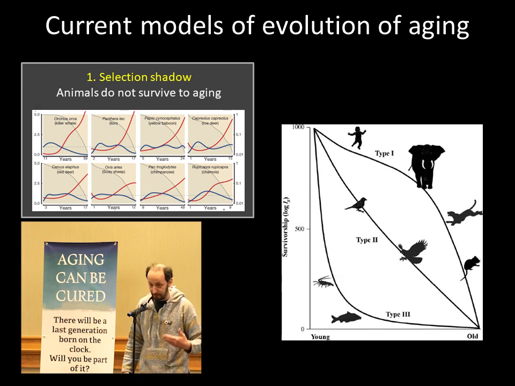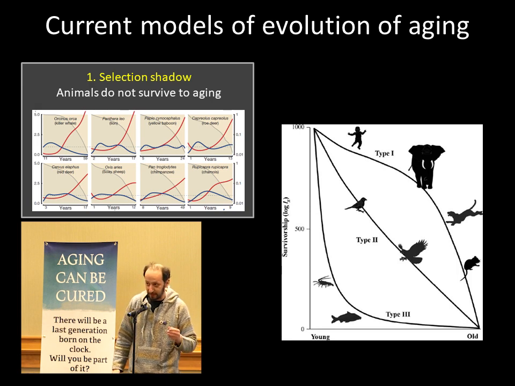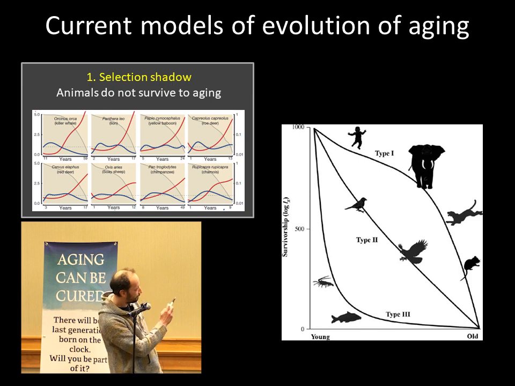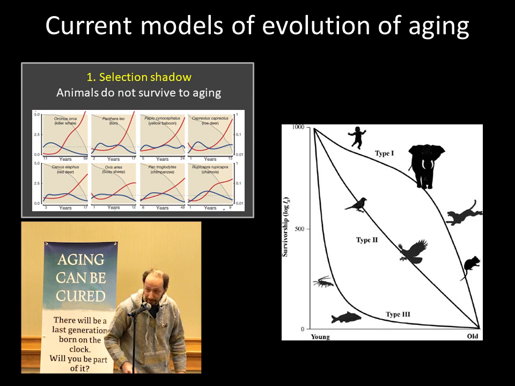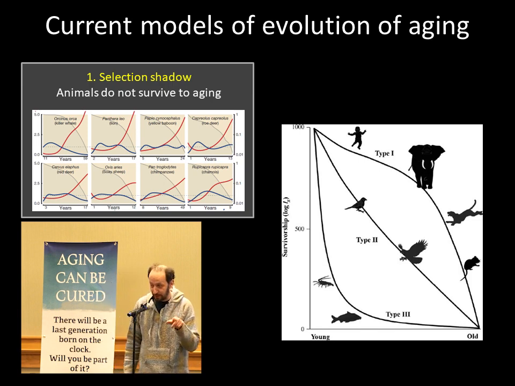However, if we look at the data, we find that this is not true. So these red lines are mortalities. Let's say a lion of the age of 14 has a higher chance to die than a lion of the age of 4, and lions survive to the age of 14 in the wild, meaning that some proportion of lions are dying of aging.